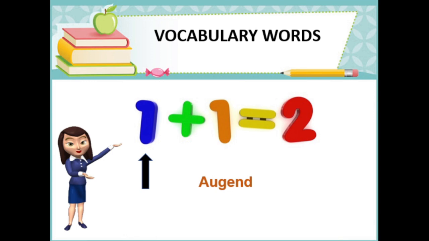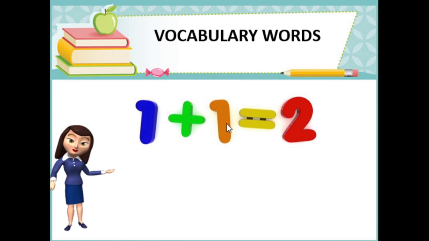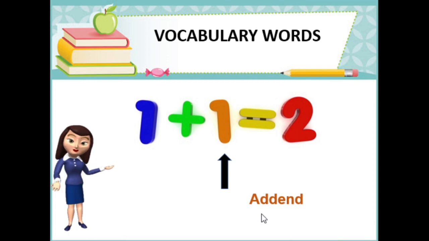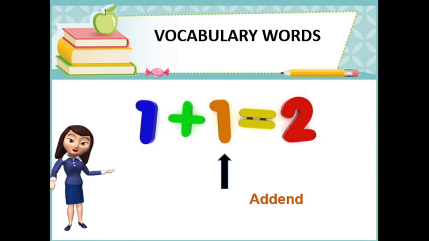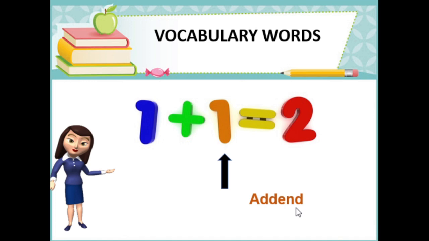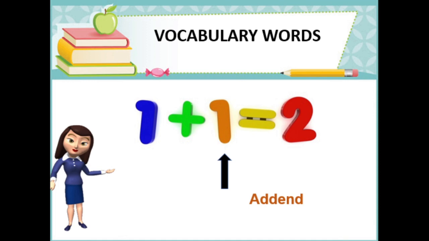Okay, good job. Vocabulary 3, the second part of an addition equation. Let's have the orange number here. This is called addend. One more time, addend. It's spelled A-D-D-E-N-D. Alright, good job.